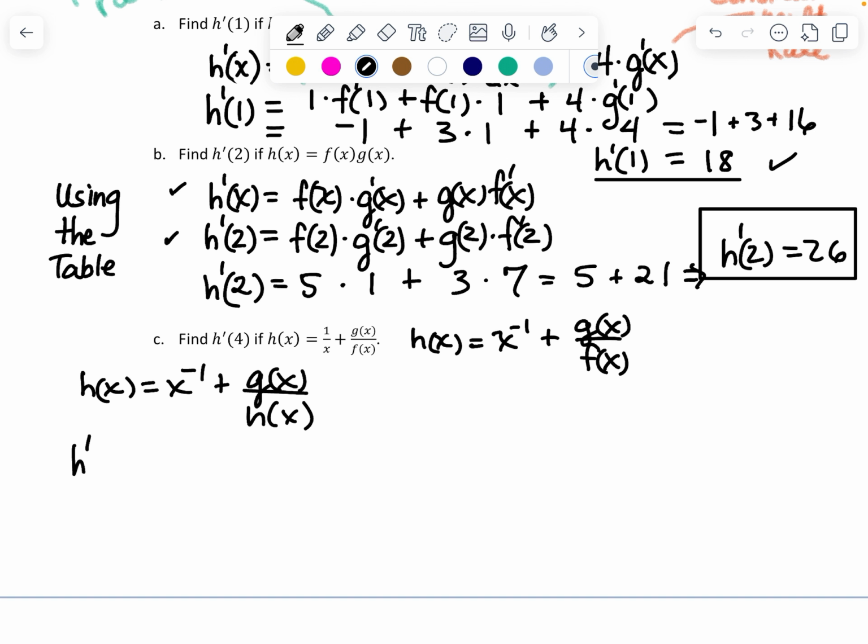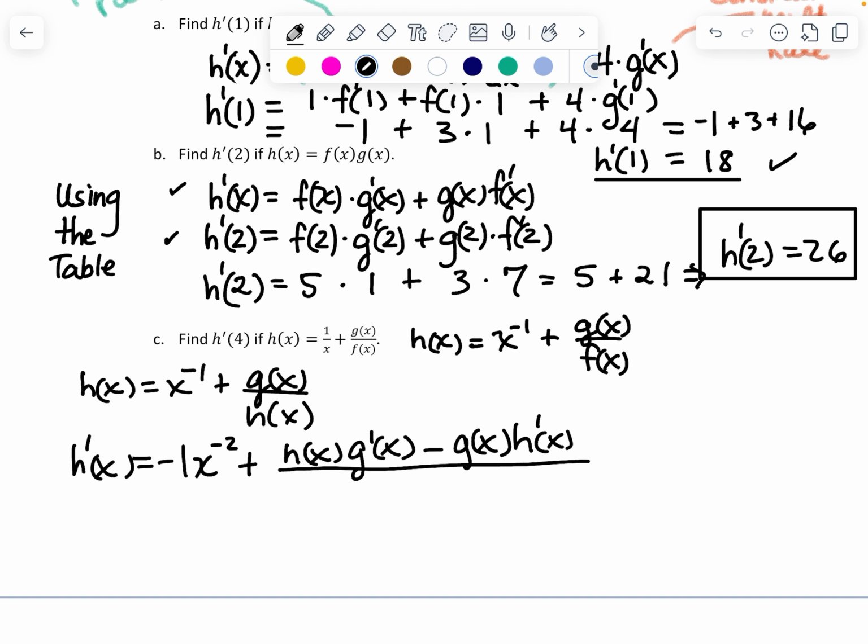So I get h prime of x is equal to negative 1 x to the negative 2 power, just applying the power rule, plus I have low d high, so I'm going to put g prime of x, less high, g of x, d low, f prime of x, and that's all over low squared, which is f of x squared.